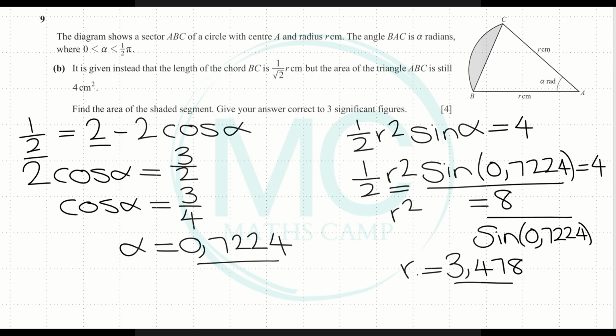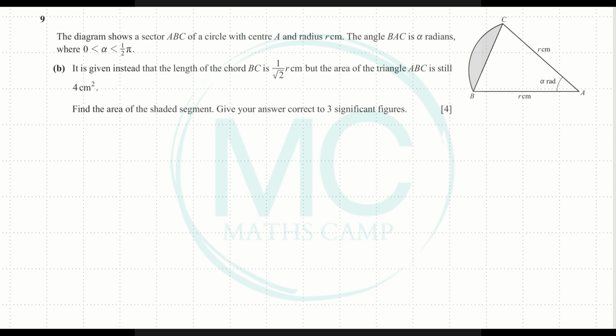So now I can find the shaded segment. Just like we did with part A, to find the shaded segment, we find the area of the total sector and we subtract the area of the triangle, which we know is 4. So let's find the area of the sector. We use the formula 1 over 2 r squared multiplied by alpha.